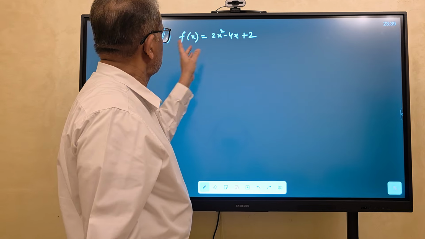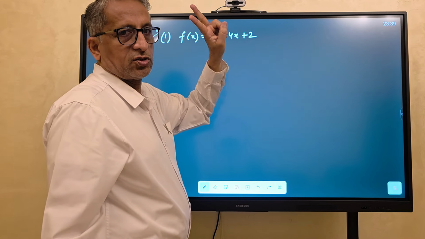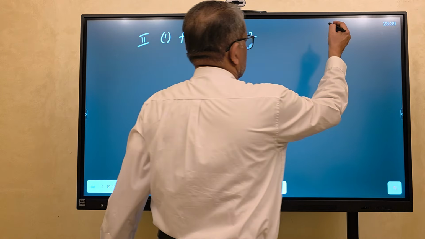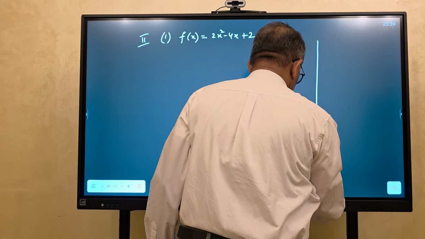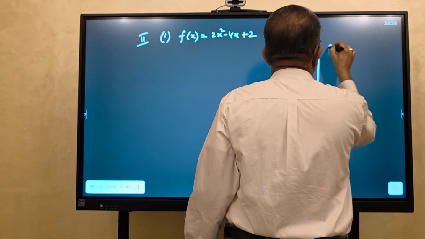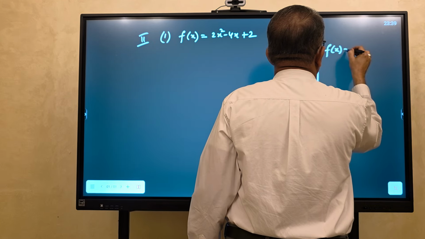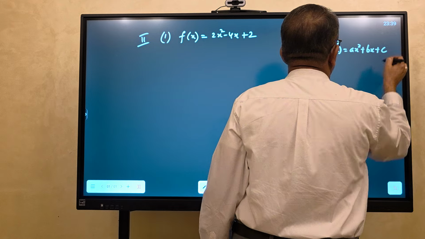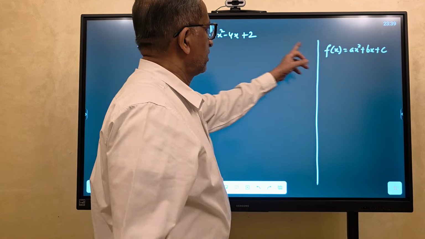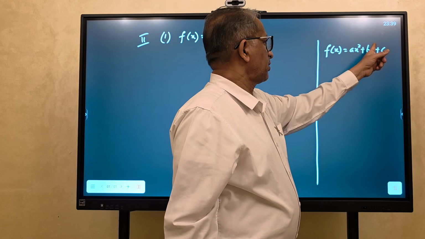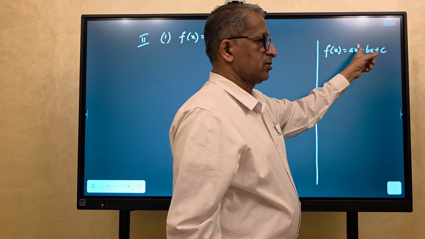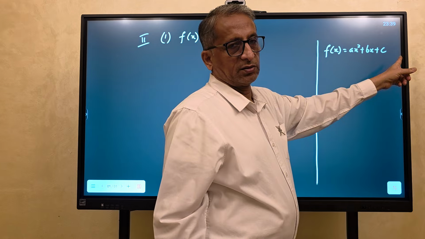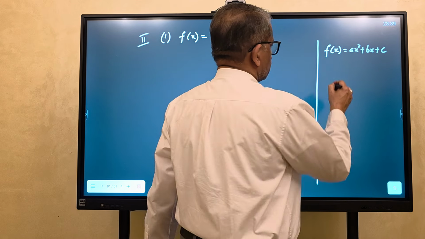The highest power in this function is 2. So remember, this is a very important thing. Suppose I have ax² plus bx plus c. Similarly, here the power of x is 1, and the power of x is 2. The highest power of x is 2 here.